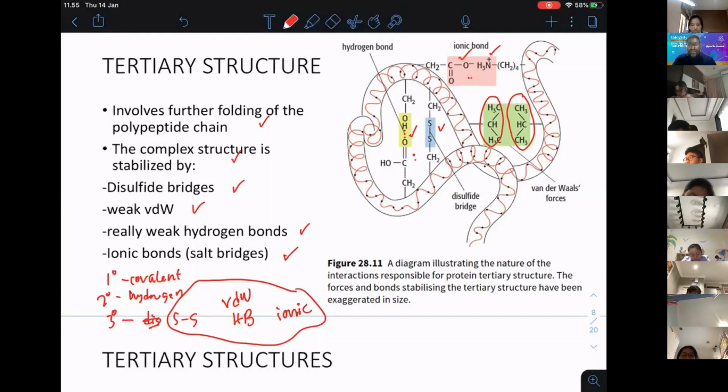Maybe enzymes cannot function properly, but proteins do maintain their structure. They don't suddenly become denatured like enzymes.